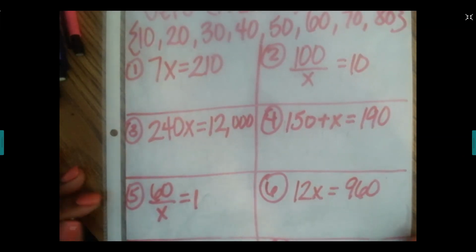I'm about to go down to the next 4. Number 5, 60 divided by x equals 1. Number 6, 12 times x equals 960.